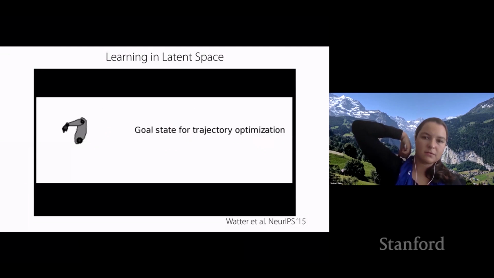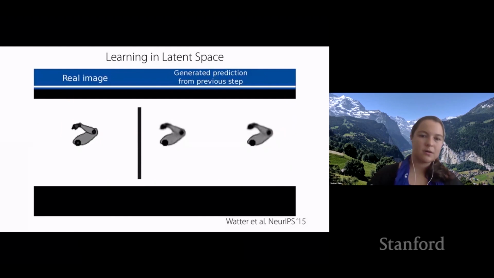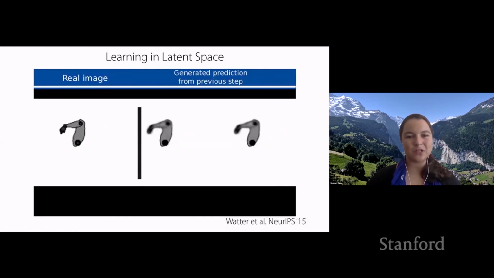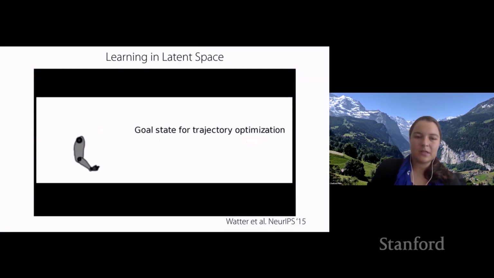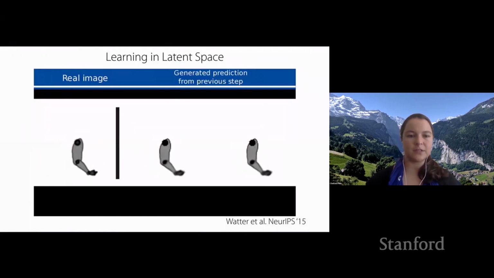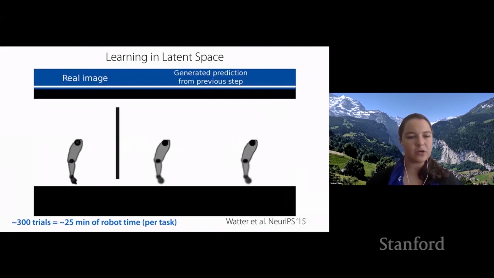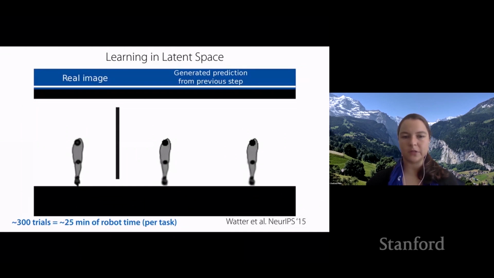Now, if we give it a different task, which is to curl the arm upward, it can also figure out how to reach this. And then finally, there's a third example where the arm is reaching downward. It's given this goal state and is trying to plan to reach this state. All of this was actually learned with only around 300 trials, which would correspond to about 25 minutes of robot time per task, which is quite efficient.